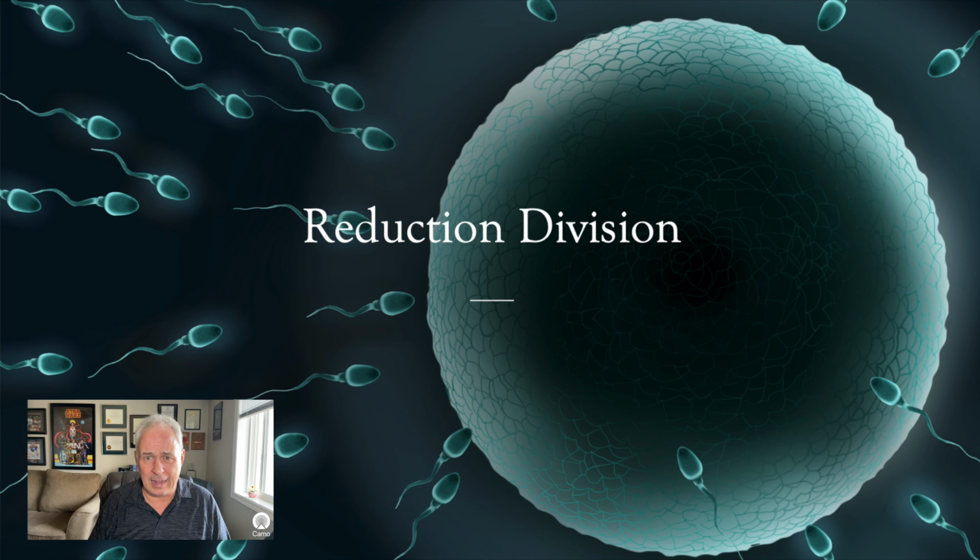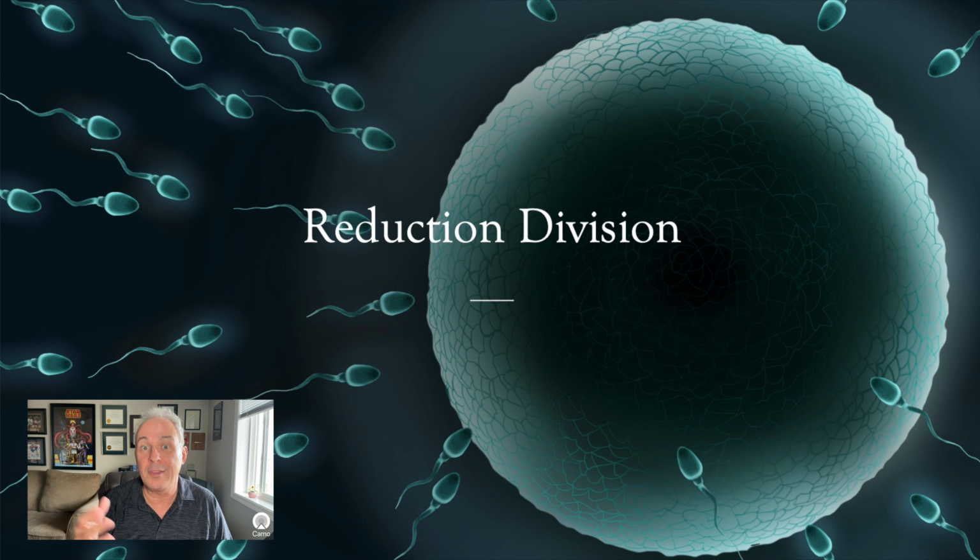It's important to clarify the reason for reduction division. See, the first meiotic division goes from diploid to haploid. Half of the chromosomes in your somatic cells you inherited from your dad, the other half from your mom. So the process of making gametes reduces chromosomes from having homologous pairs to ending up with single chromosomes.